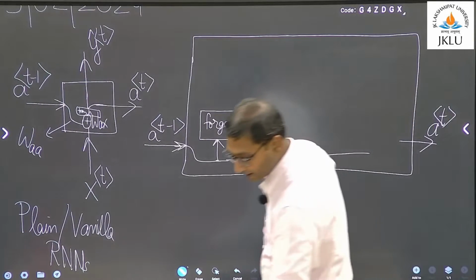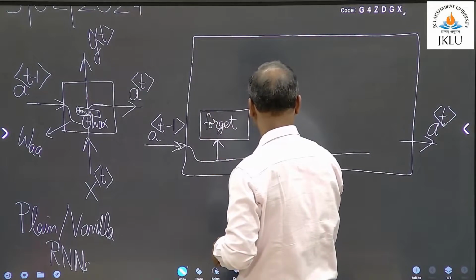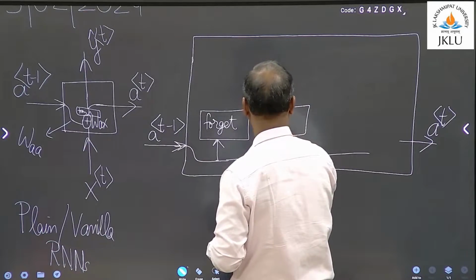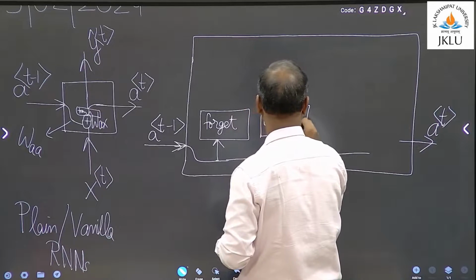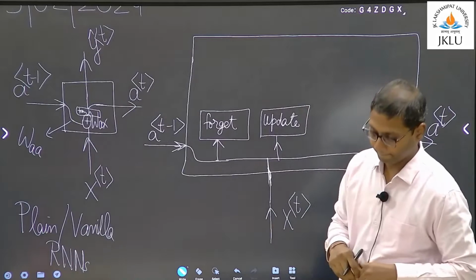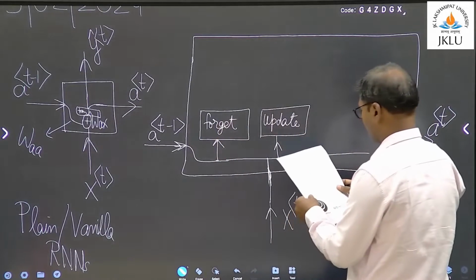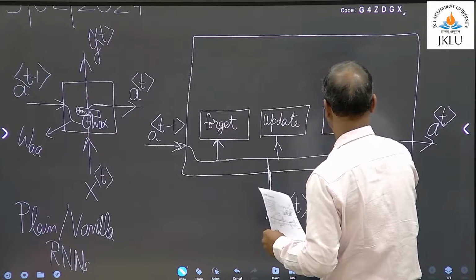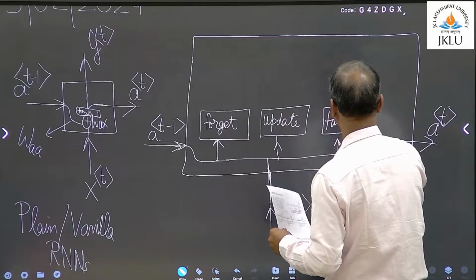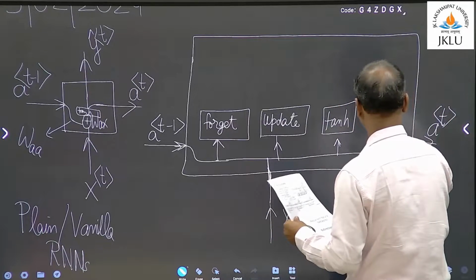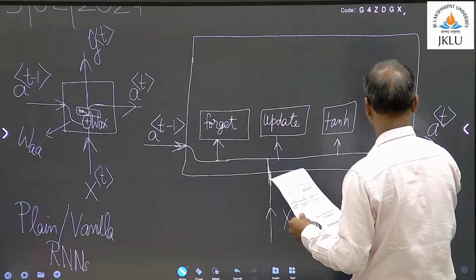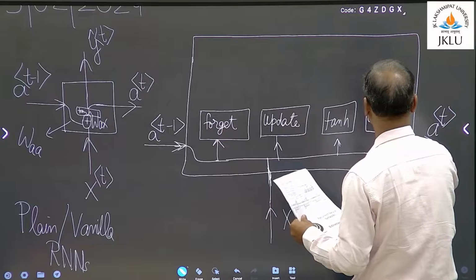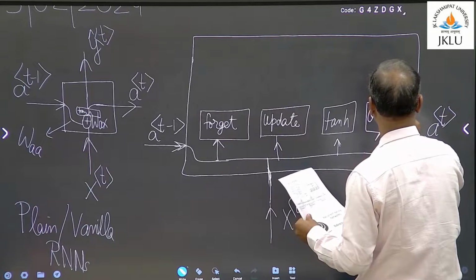Now there is yet another gate called the update gate. Yet another thing called h, and one more gate called the output gate.